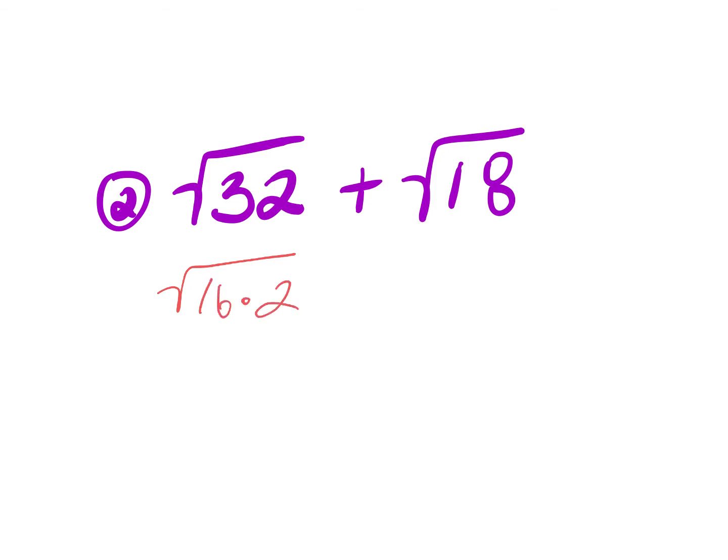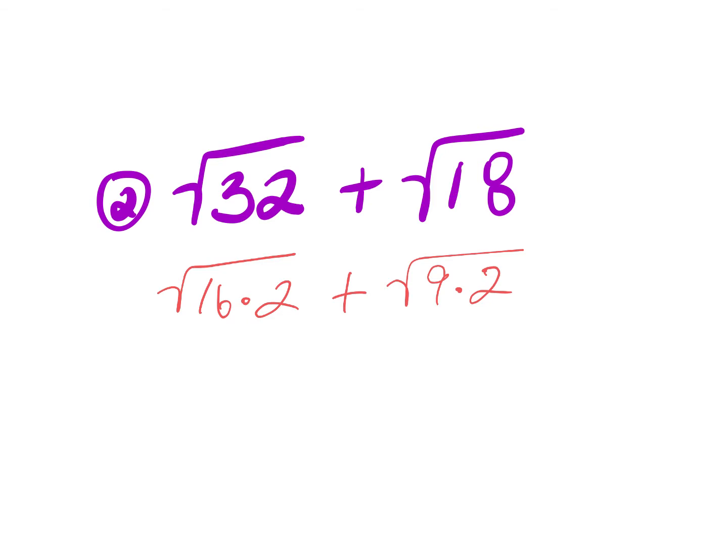Good. 16 and 2. So 16 times 2. I'm going to show you, if you did use 8 and 4, how it would work as well, but in a second. What can I break 18 into? 9 and 2. Good. I heard 6 and 3, which is true. But if you break it into 6 and 3, would that help us get like terms? So we're always trying to think. It's like a little bit of a puzzle here.